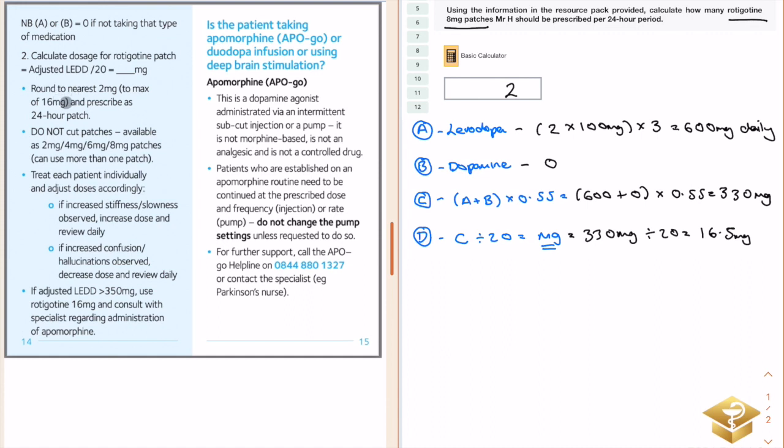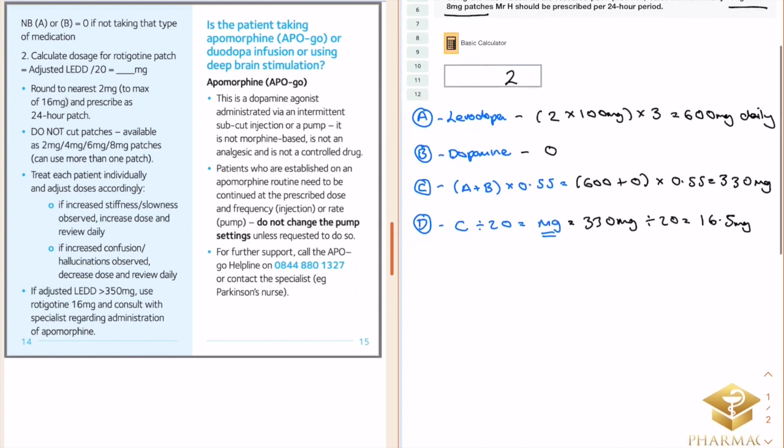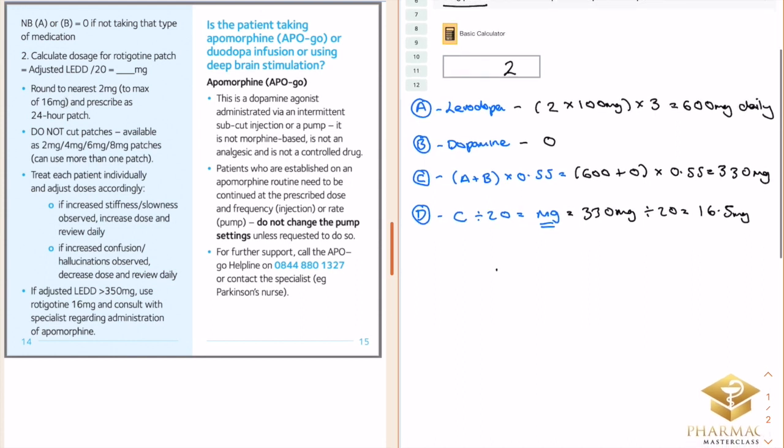So if we start by rounding to the nearest 2 milligrams, let's take a look. 16.5 milligrams. To round this to the nearest 2 milligrams, you need to say to yourself, well, what are the nearest 2 milligrams to 16? Well, straight away the nearest 2 milligrams are 18 and 16.